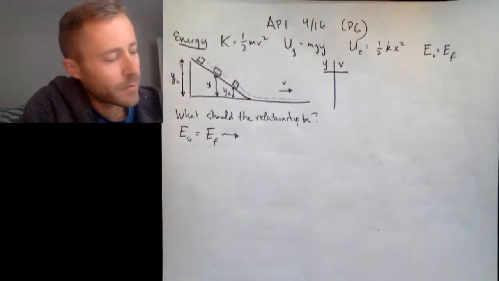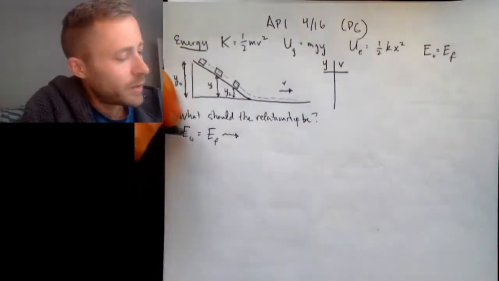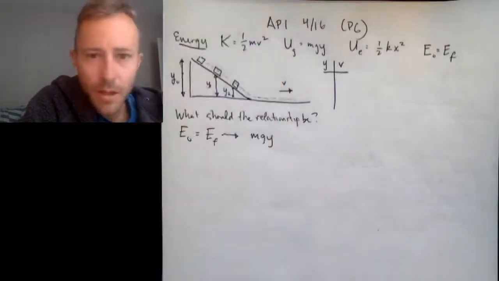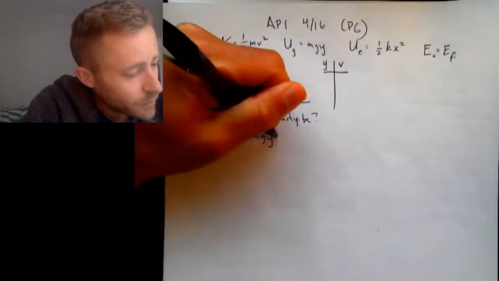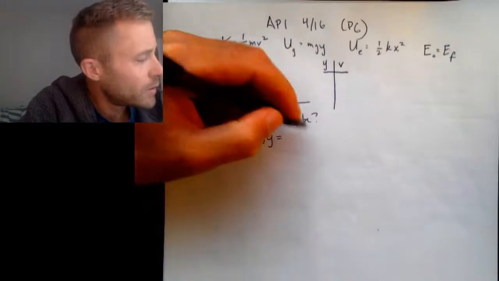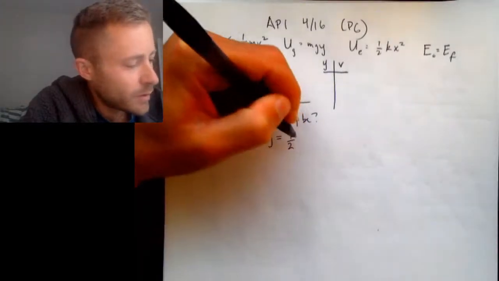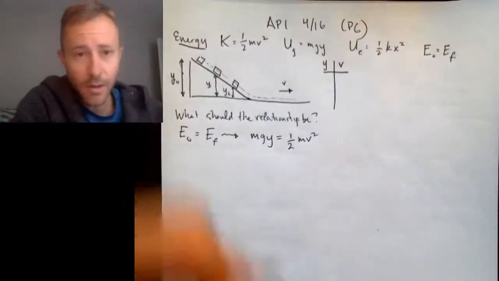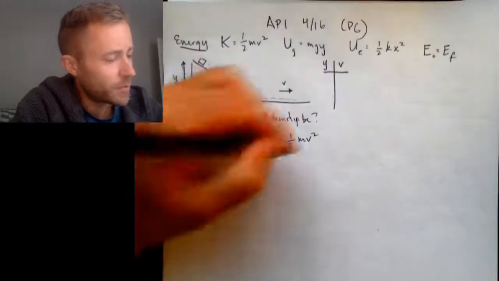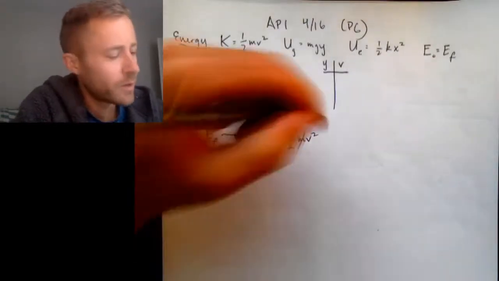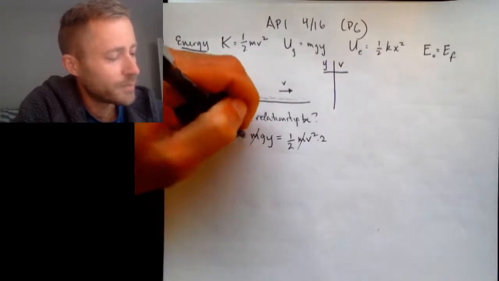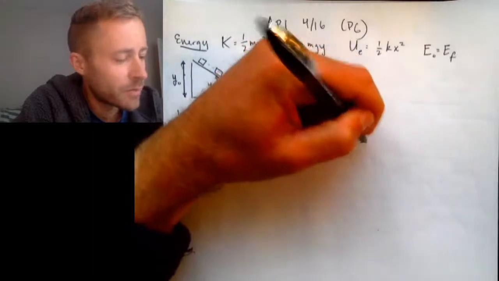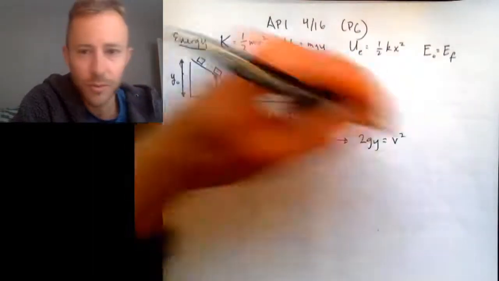The initial energy is gravitational potential, so that is mgy. The final energy is 1/2 mv squared. It's kinetic energy because it's moving. I'm going to cancel the m's out because there's an m on both sides, and I'm going to multiply both sides by 2. And that gives me the following theoretical relationship between the variables.